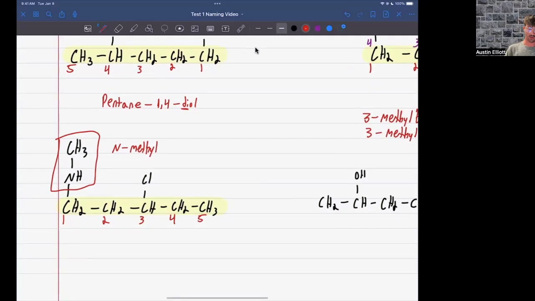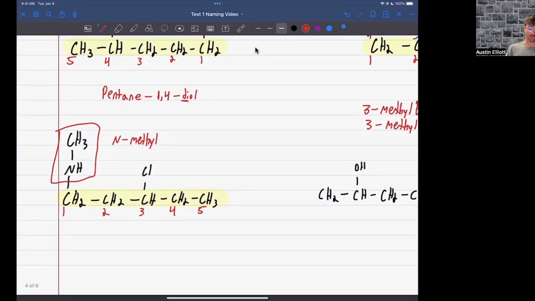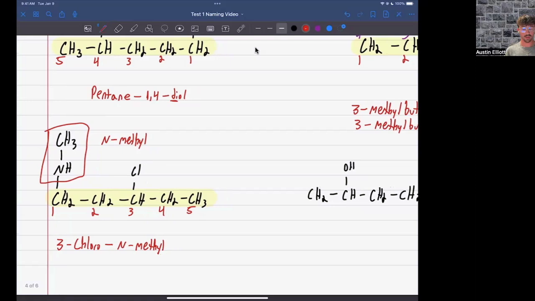But in this case, we're going to start off with our chloro group first. So it's going to be 3 chloro because of alphabetical order. And then N-methyl. And with our 5 carbon chain, we have another pentane.